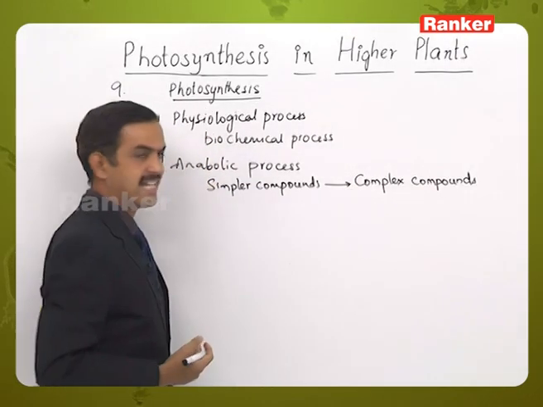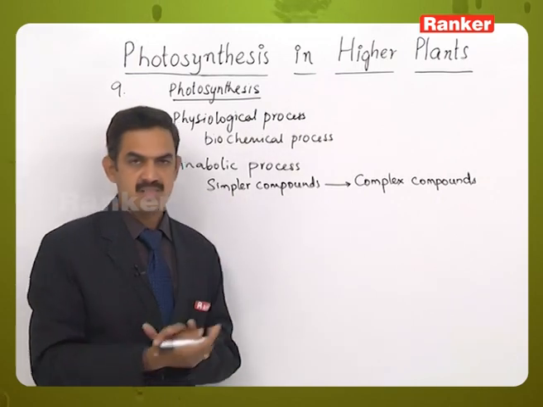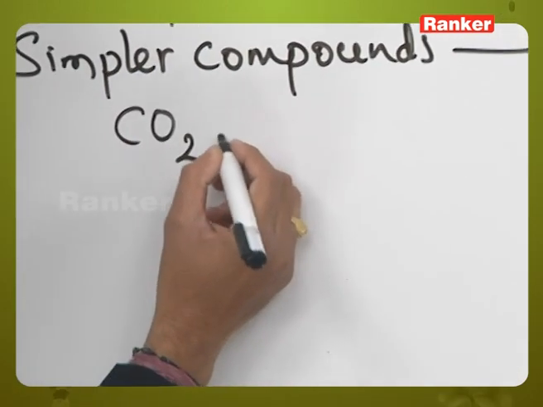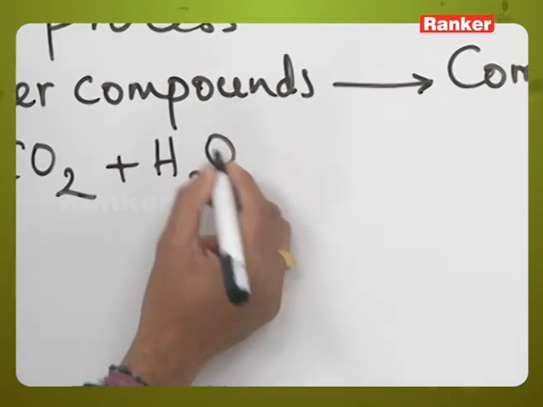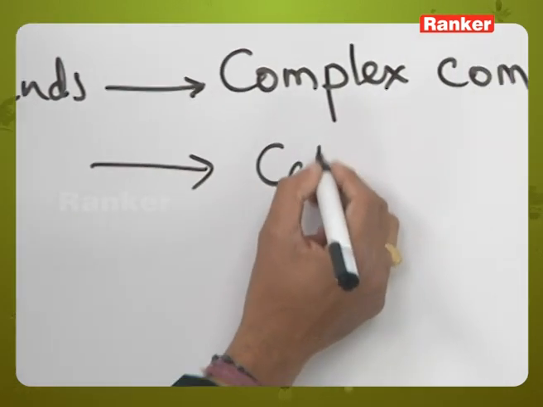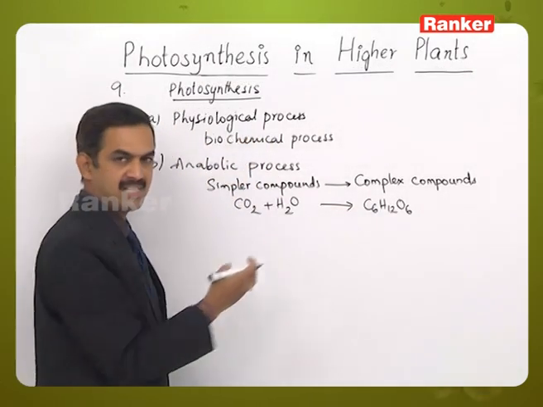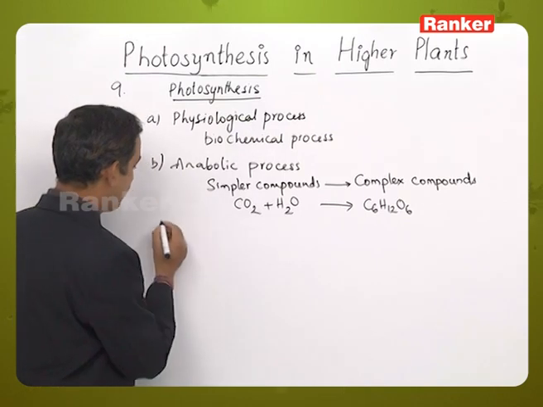That's what we call an anabolic process. Why is photosynthesis called an anabolic process? Here the simpler compounds like carbon dioxide and water will be converted into complex compounds, one example being the glucose molecule. So this is a basic thing that is happening, so we call it an anabolic process.